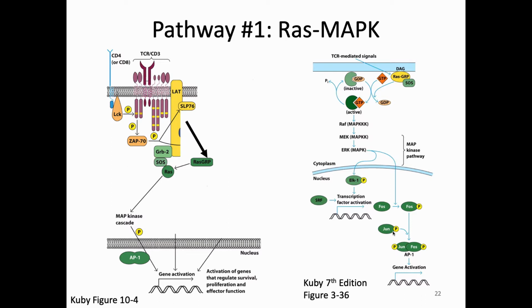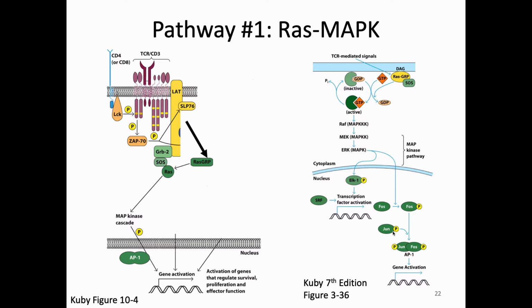One MAP kinase we turn on is called ERK, and ERK turns on FOS. Because of other stuff, we also turn on a MAP kinase called JNK. JNK turns on JUN. JNK is JUN kinase. So we turn on a MAP kinase called JNK, it turns on JUN.